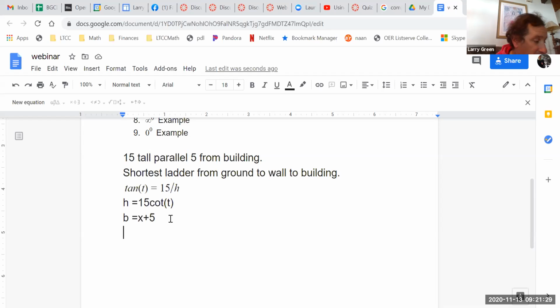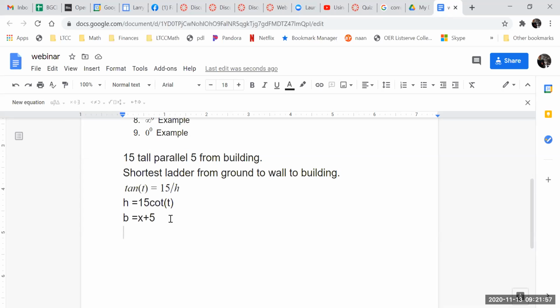But we can use similar triangles. And we could say x is, do you see where the similar triangles are coming in? Yeah. Okay. And how do you use similar triangles here? It would be x divided by 5 over the y, I guess, divided by x plus 5.